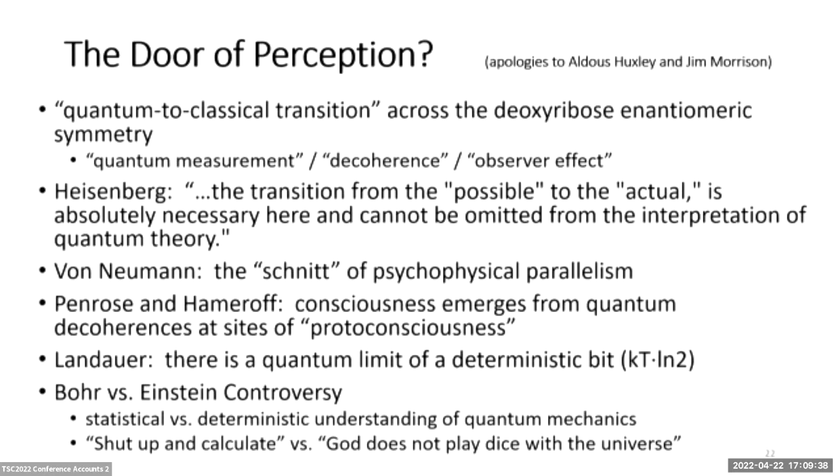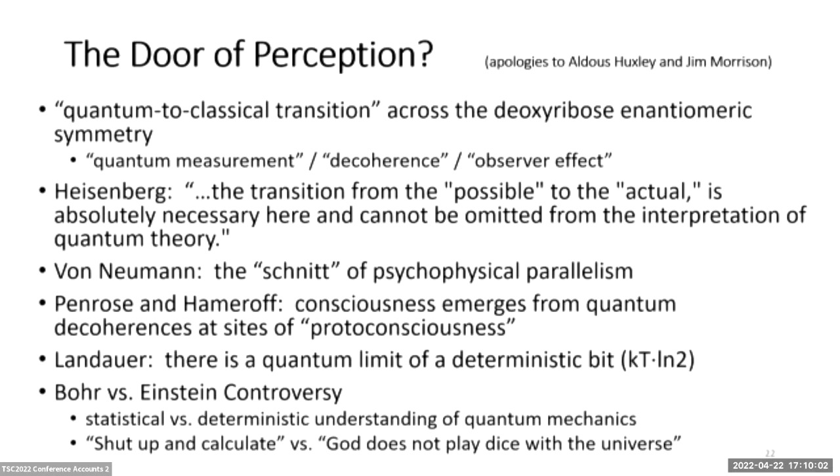And von Neumann said that somewhere between the physical and the psychological, there's a Schnitt, which is a German word for cut. There's a Schnitt that occurs between the physical and the psychological. Penrose and Hameroff say that consciousness emerges from quantum decoherences at sites of proto-consciousness.